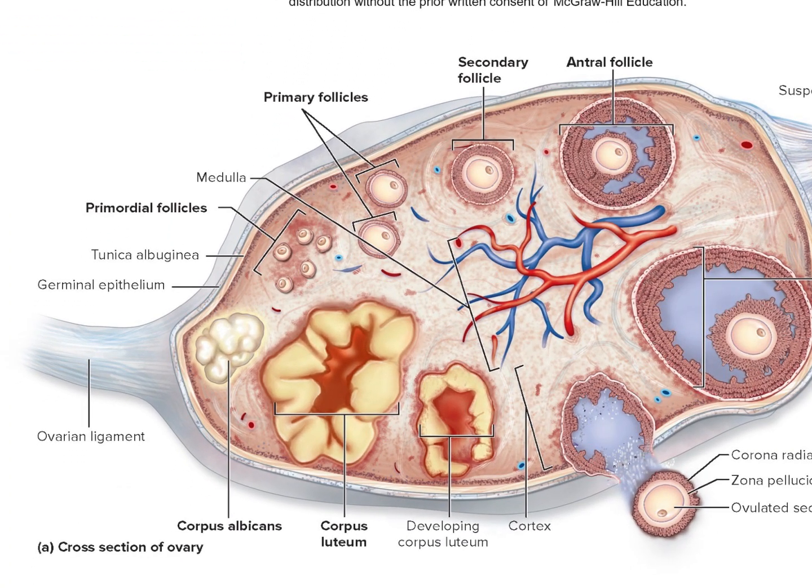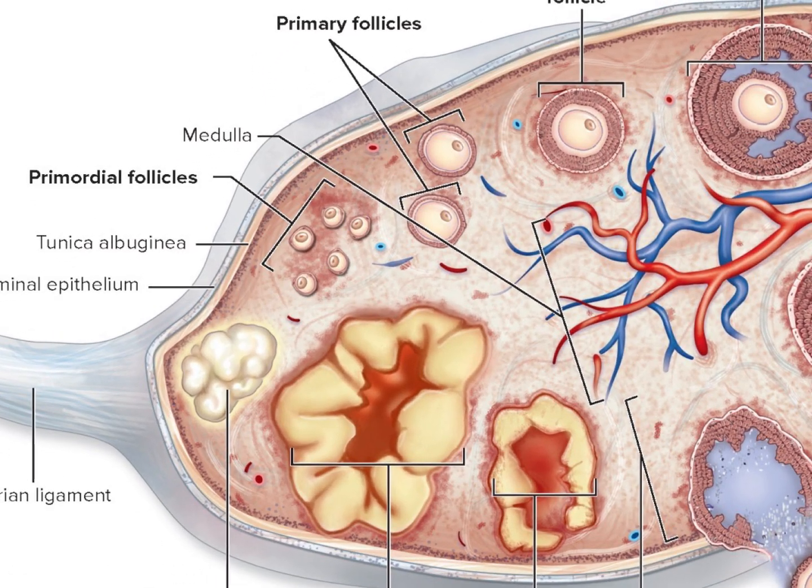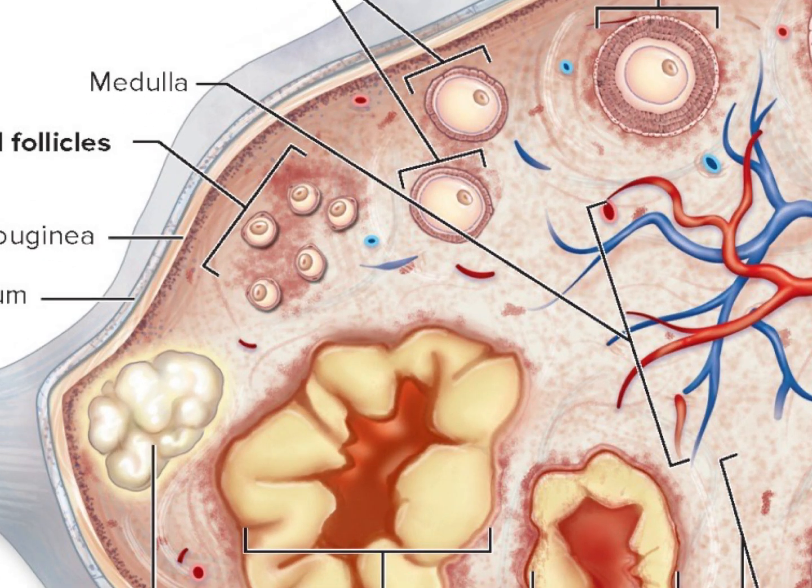So all the follicles prior to being recruited are called primordial follicles. And their structure is this. They look like these right here. These are primordial follicles, right? They're circular, but they have a dot or something on the inside.